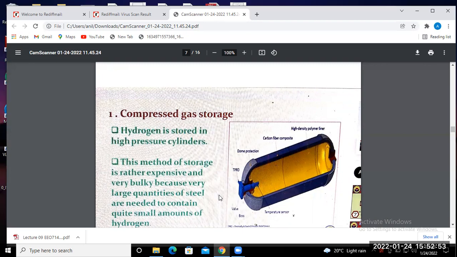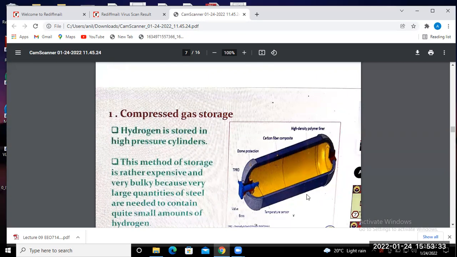The hydrogen is stored in a high pressure cylinder, so the pressure of this cylinder is very high. This method of storage is rather expensive and very bulky because the cost is very high to design the special type of material for storing hydrogen in gas form.